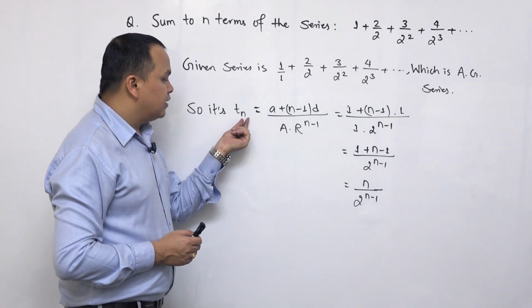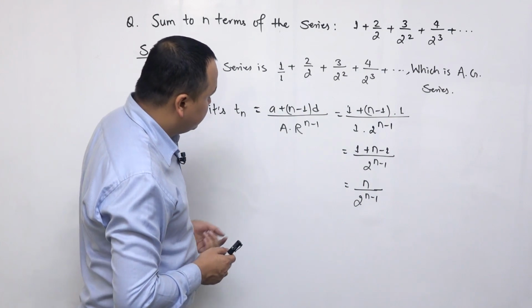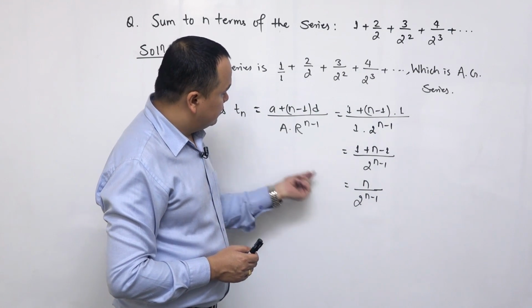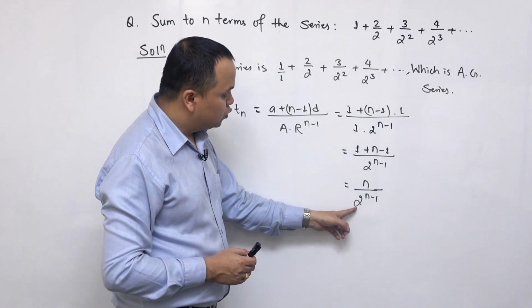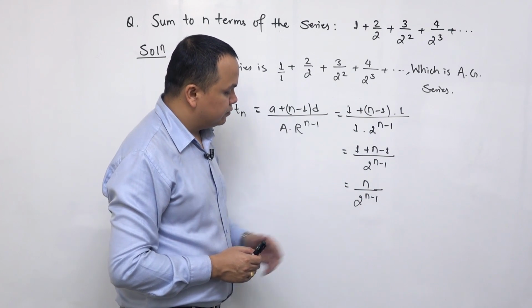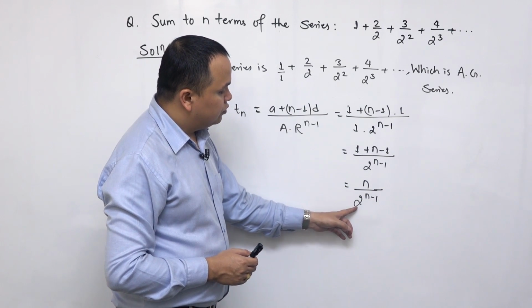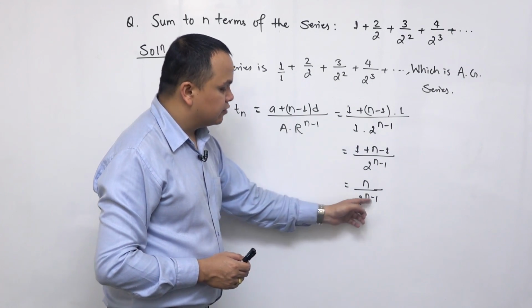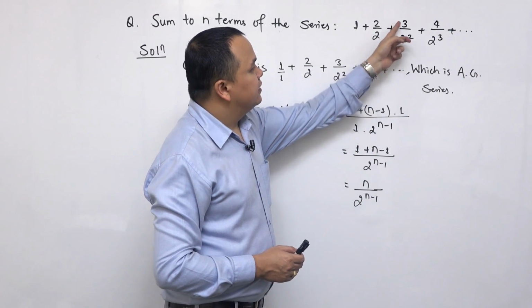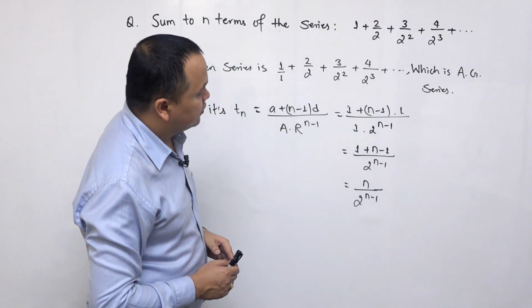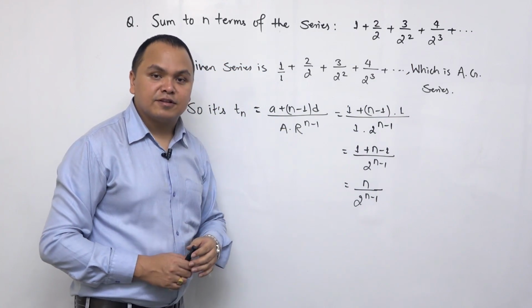Similarly, if we put n is equal to 3, our T3 is 3 upon 2 to the power 3 minus 1, 2 to the power 2, which is 2 square. Here our T3 is 3 upon 2 square. So our Tn is 100% correct.